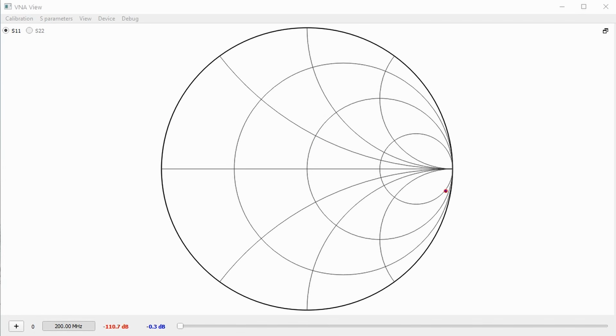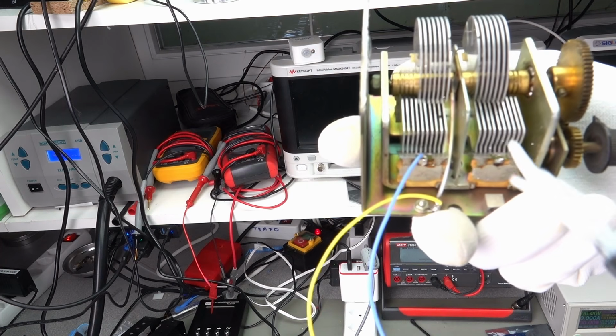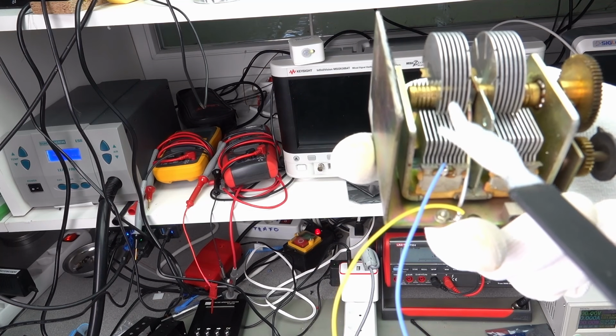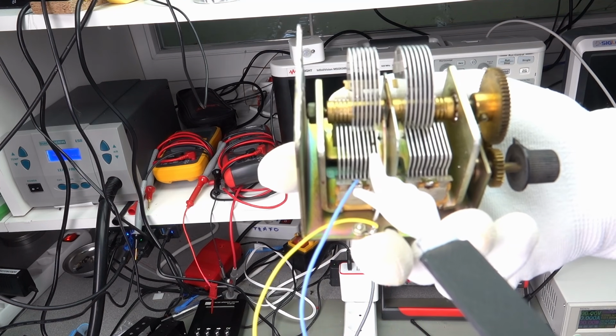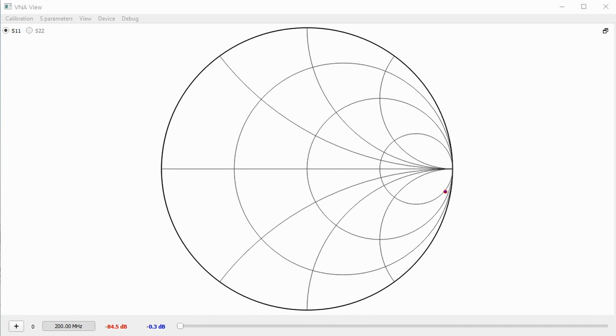It starts nearly as an open, which is quite clear if we look at it. The plates are not connected and are far from each other. If I turn the capacitor, this capacitance gets bigger and we see the point moving along the outer circle below the center line. Unfortunately, I do not have a moving coil, but the same would happen with it, just on the opposite side.